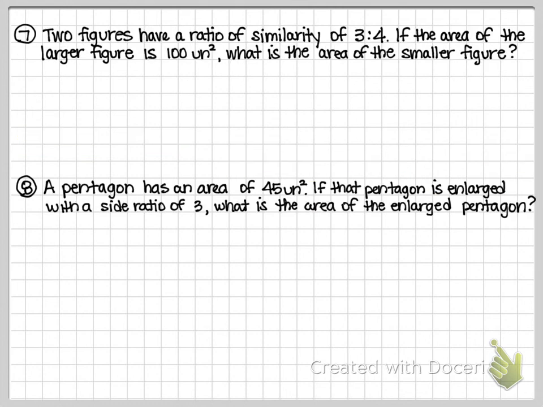Okay, let's take a look at some applications. So two figures have a ratio of similarity of 3:4. A ratio of similarity is the same thing as the side length ratio, which is also the same as the perimeter ratio. If the area of the larger figure, okay, I'm going to start using fractions for this. So I'm going to take my ratio of similarity and rewrite it as 3/4.